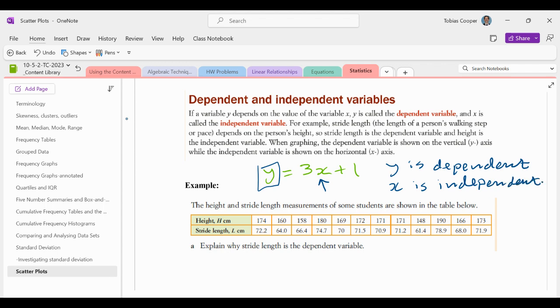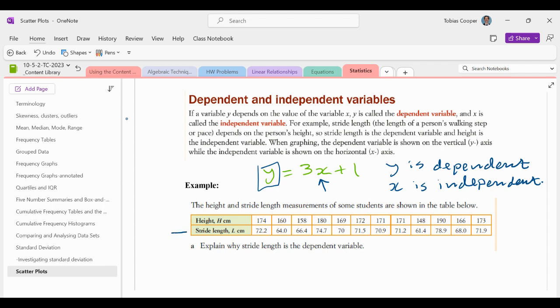Okay. Now, in the real world, we're not looking at x and y. We're looking at, say, heights and stride length, for example. So, for example, stride length, which is the length of a person's walking step or pace, depends on the person's height, doesn't it? Because the taller you are, the bigger your stride length. Okay, so we would say stride length depends on the person's height.